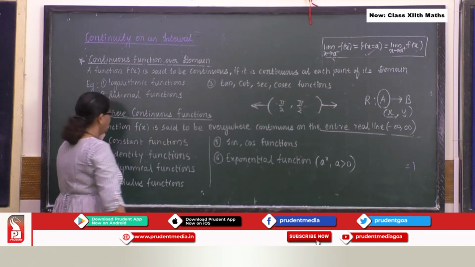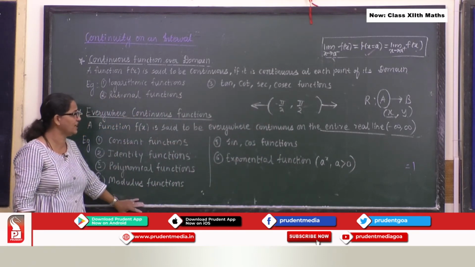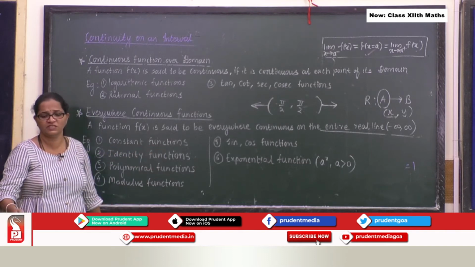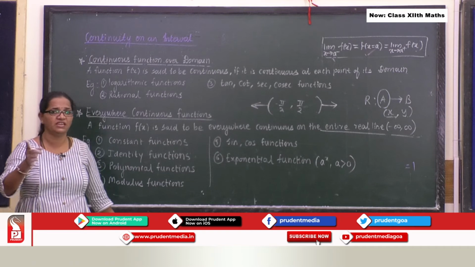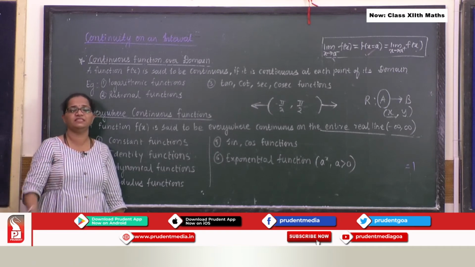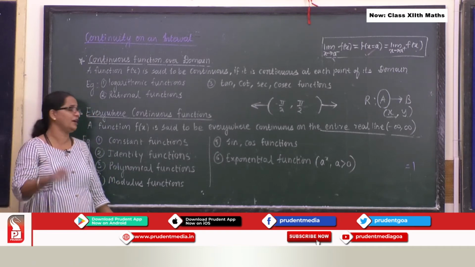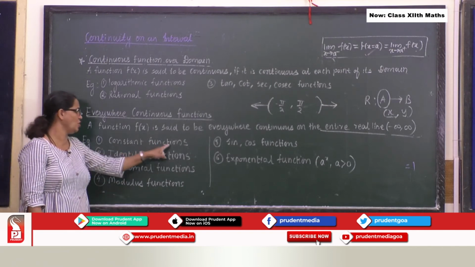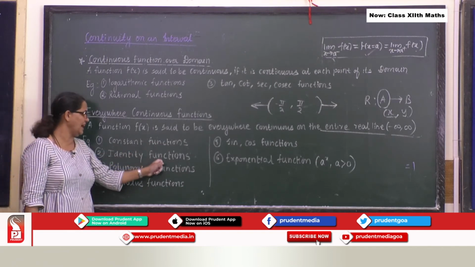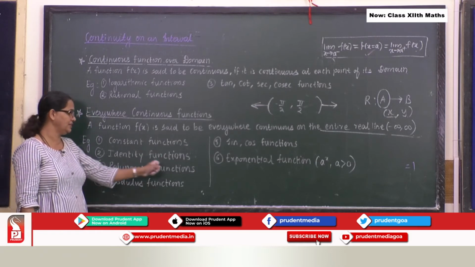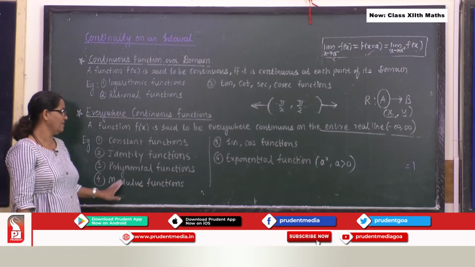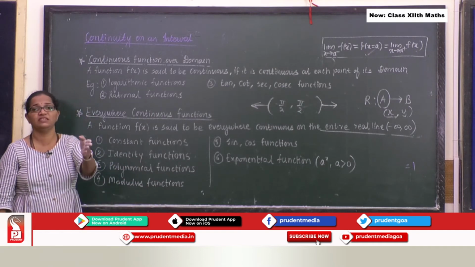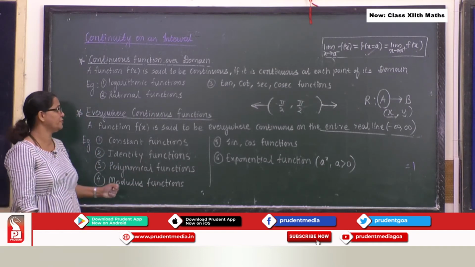Now there are many examples of these kinds of functions. Constant functions, you know the graphs of constant functions. You must have studied this in your 11th standard in the first chapter, relations and functions. Then the identity function, the polynomial function, and the modulus function. We discussed the modulus function in this chapter also.